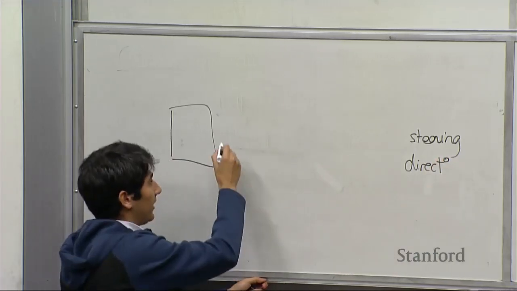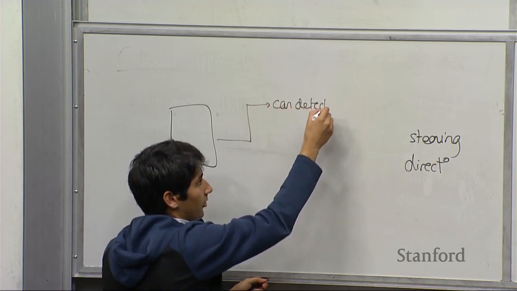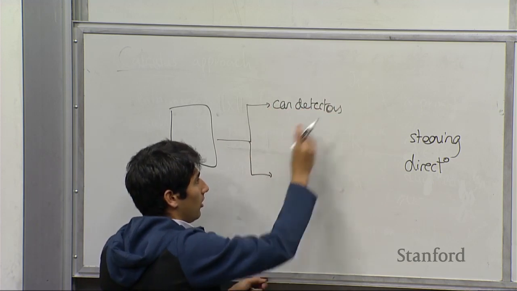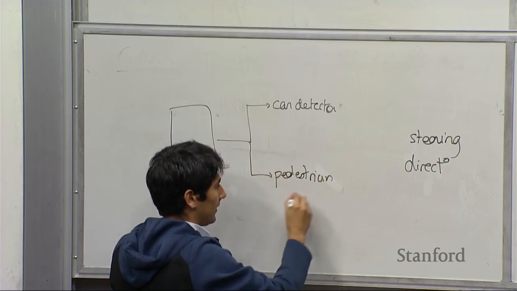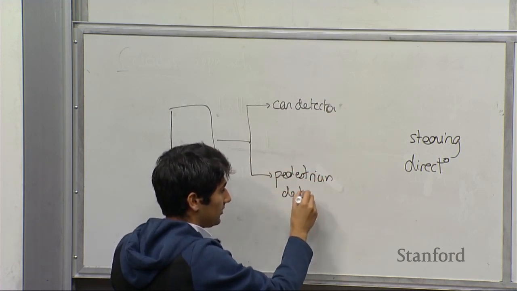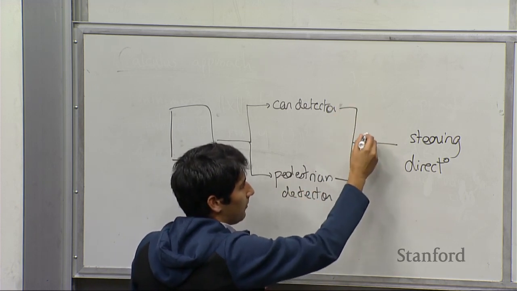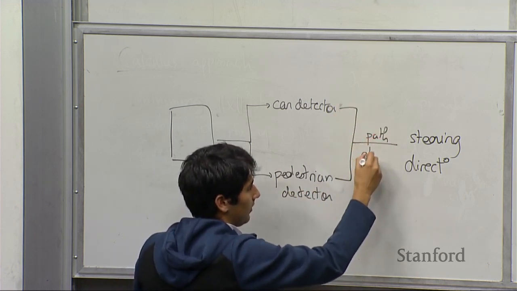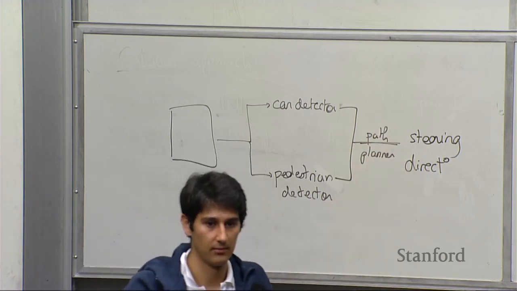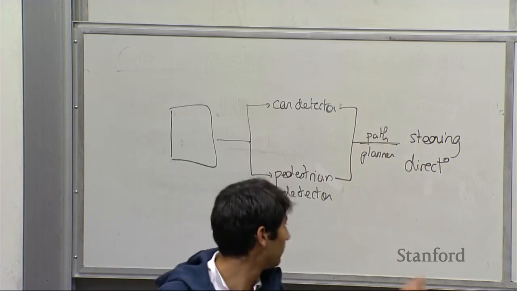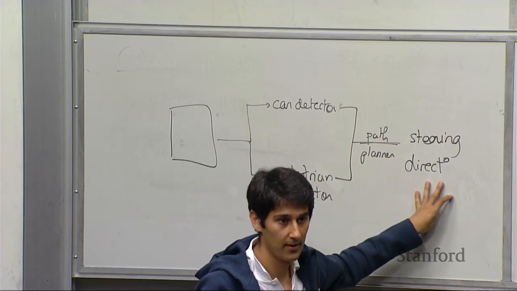What you could do is send this image to a car detector that detects all the cars, a pedestrian detector that detects all the pedestrians, and then you can give it to a path planner, let's say, that plans the path and outputs the steering direction. So it's not end-to-end. End-to-end would be, I have an input image and I want this output.